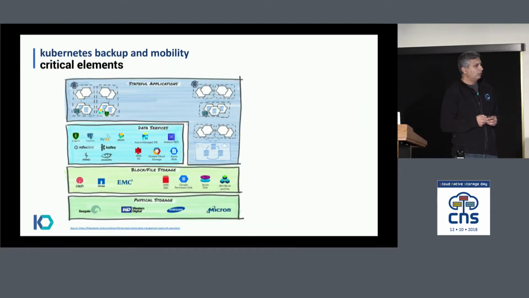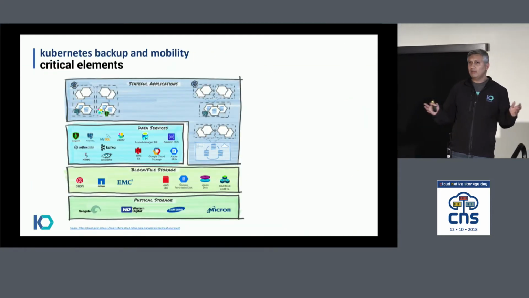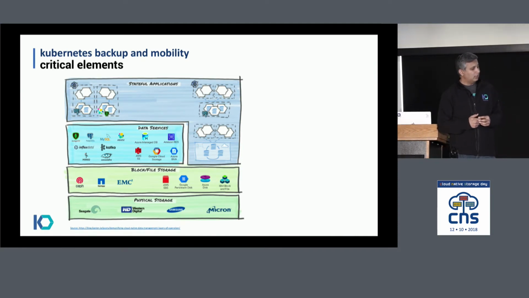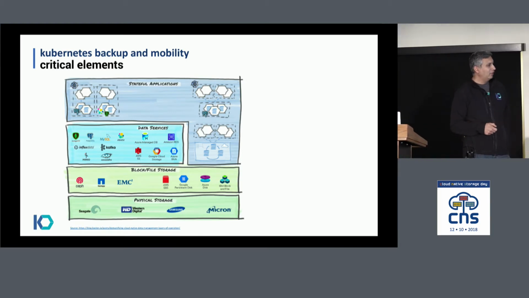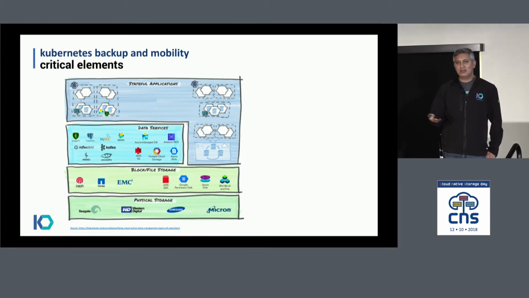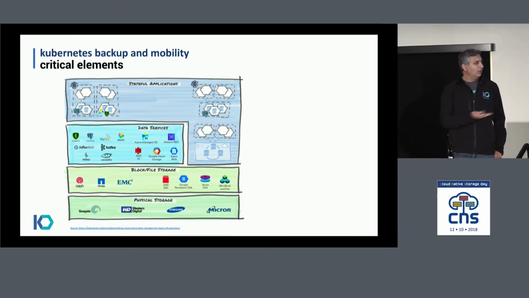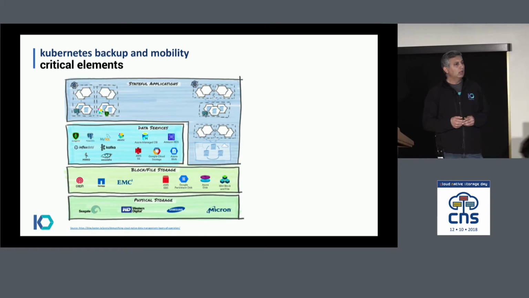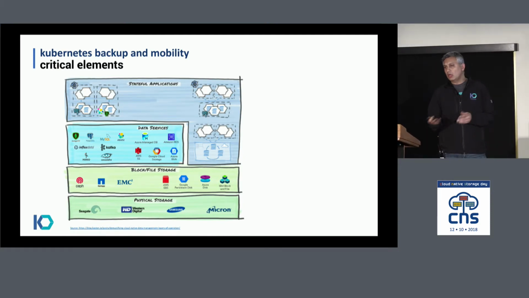So first of all, just to clarify the stack, and if you haven't seen enough stack pictures today, you obviously have not been in this room, this one is fairly simple, and really you start at the bottom. You always need to have some hardware to run your software on, and that's what you're seeing there. On top of that, you typically have your block and file implementations, and those could be both on-premises, and there are obviously many vendors who play in that, as well as cloud vendors.